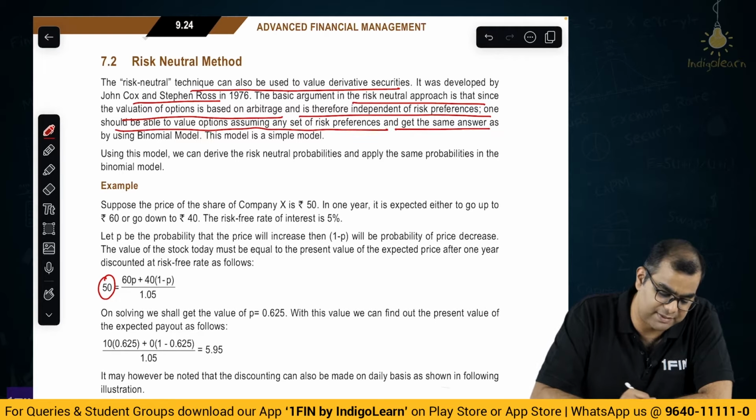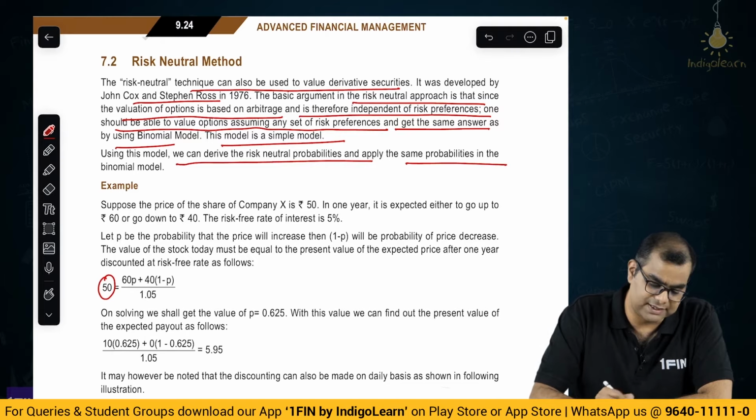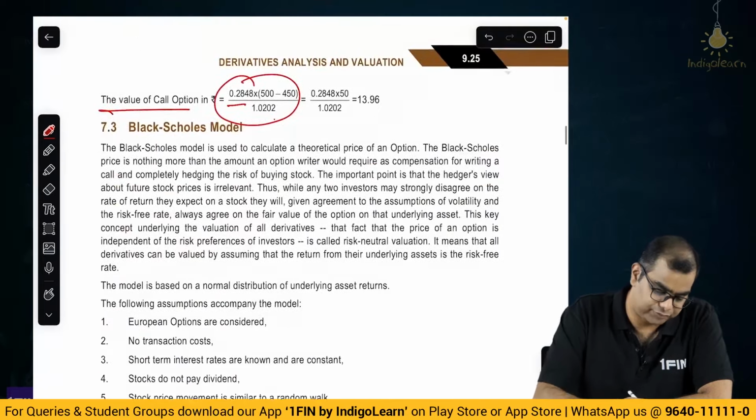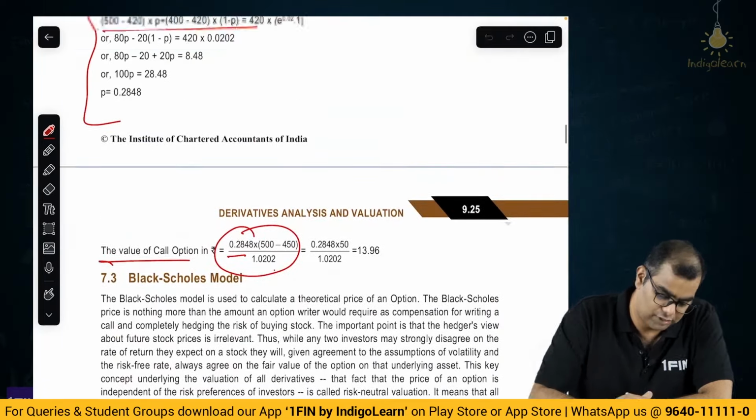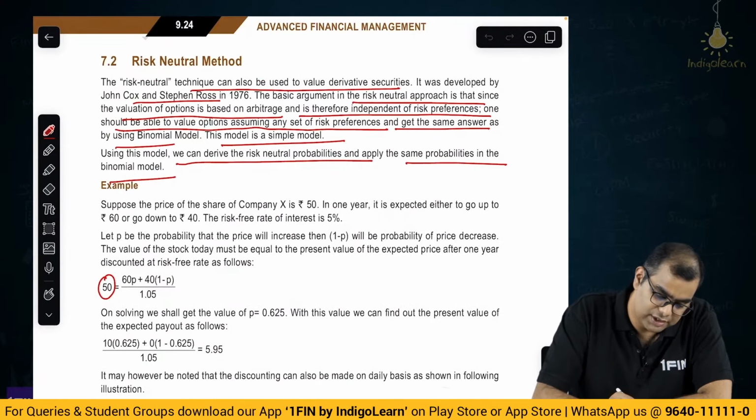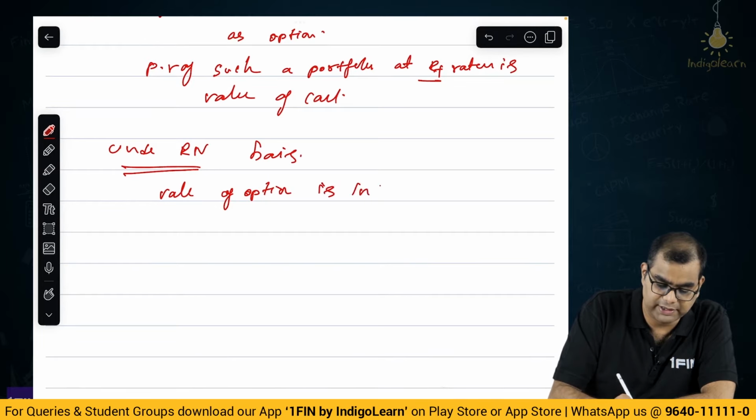This is a simple model. Using this model, we can derive risk neutral probabilities and apply the same probabilities in binomial model. Okay. So, what is the key word? Risk neutral is that since value is based on arbitrage, it is independent of risk preferences. Value of option is independent of risk preferences.